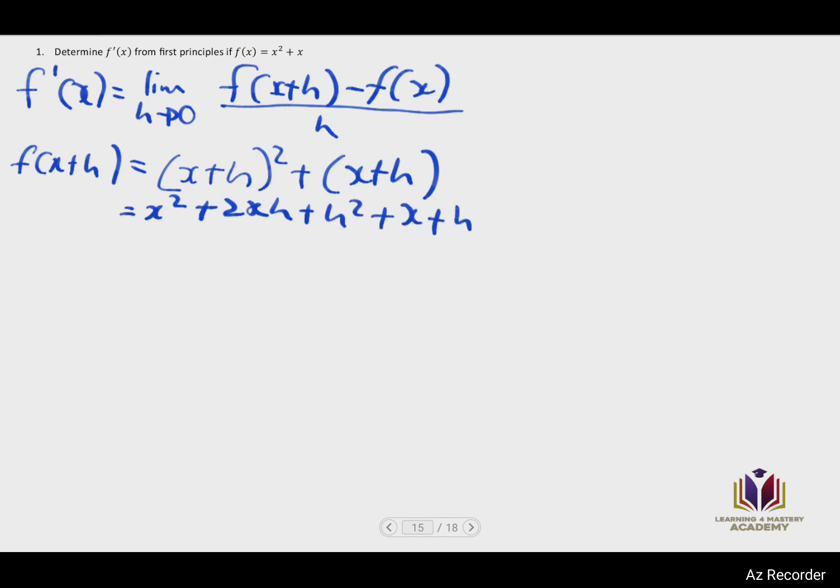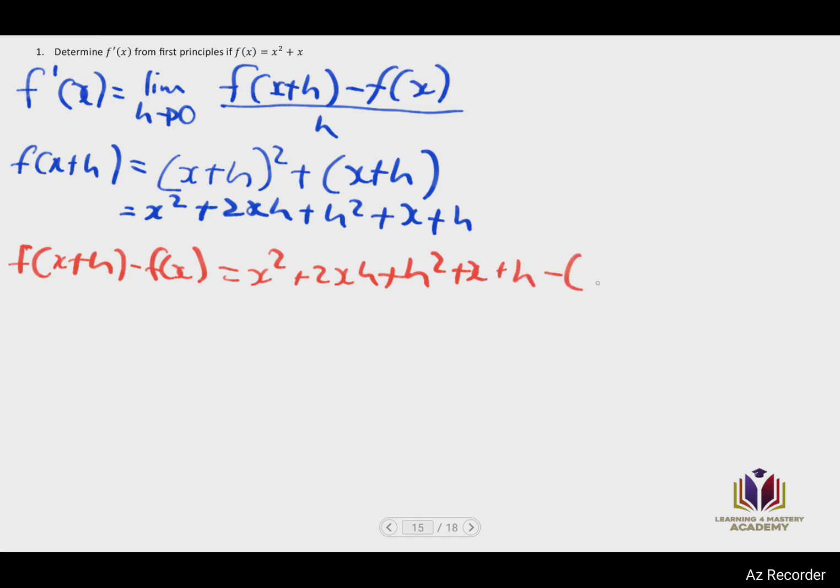Okay, then from here, I get the numerator, the difference. I'm going to say f of x plus h minus f of x equals, I take this, write it there, x squared plus 2xh plus h squared plus x plus h minus, open bracket, x squared plus x. There we go.